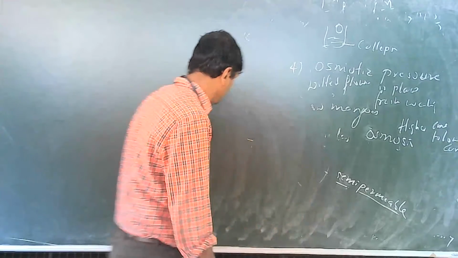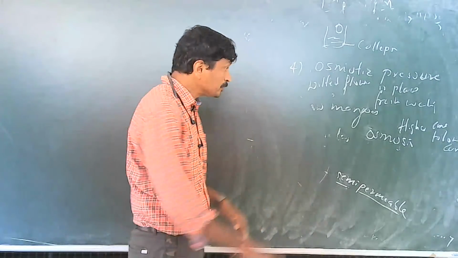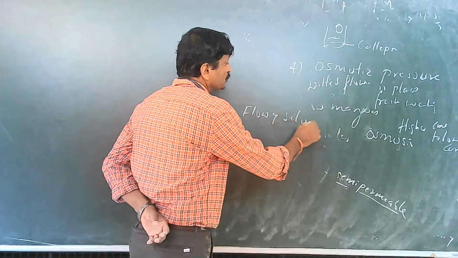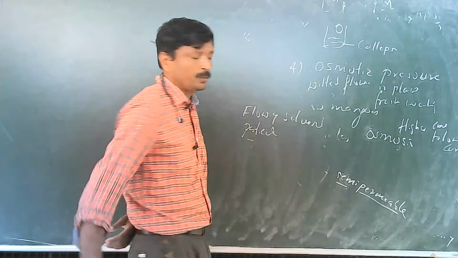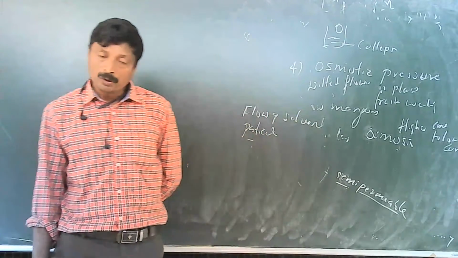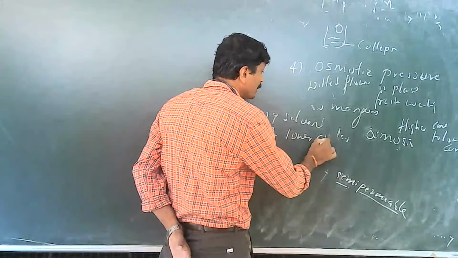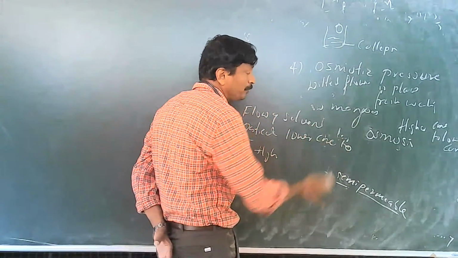So what is osmosis? It is the flow of solvent particles from lower concentration to higher concentration. They are defining higher to lower.